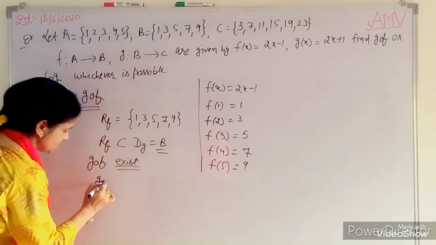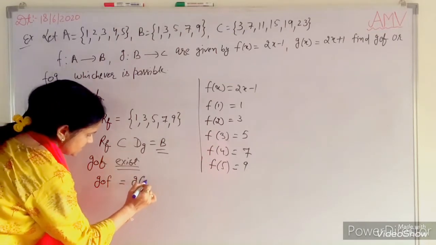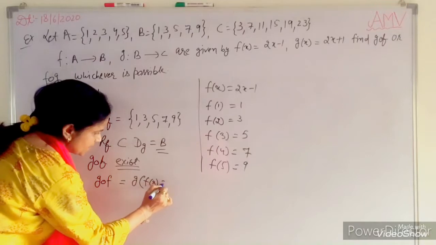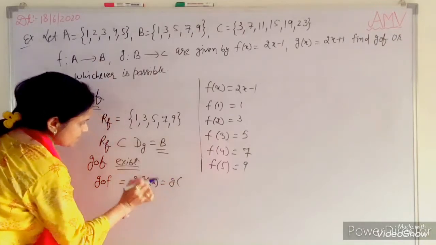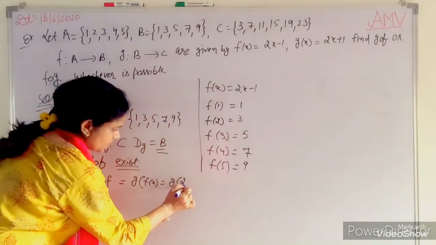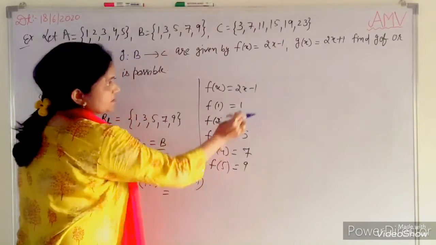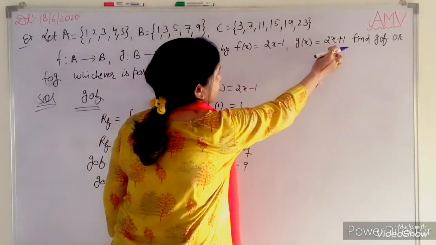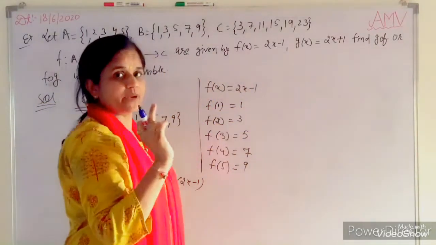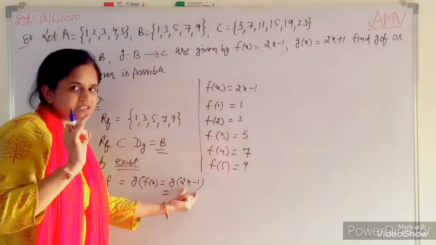Now find g o f. For g o f, student, g(f(x)). In place of f(x), substitute 2x minus 1, which is given in the question. And now go for g(x). Here g(x) is 2x plus 1. So in place of x, substitute 2x minus 1.